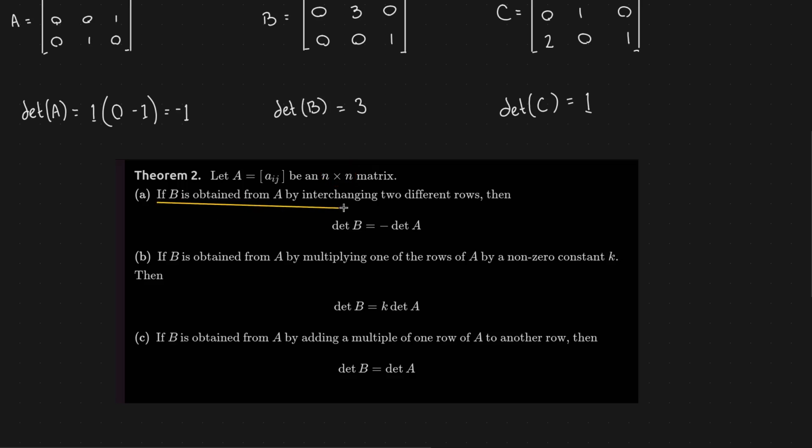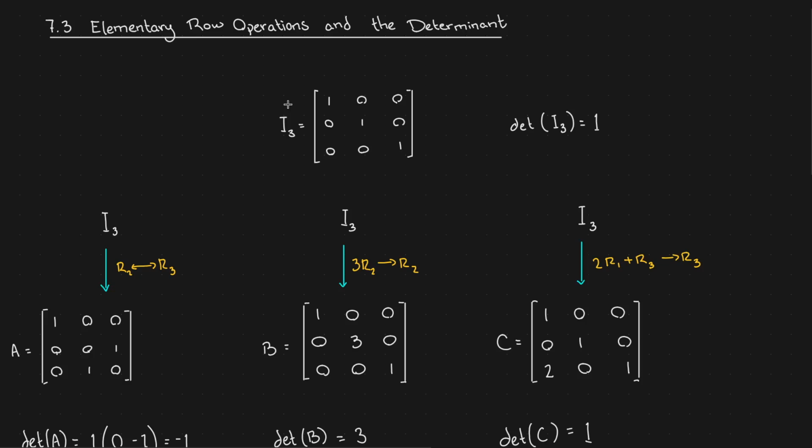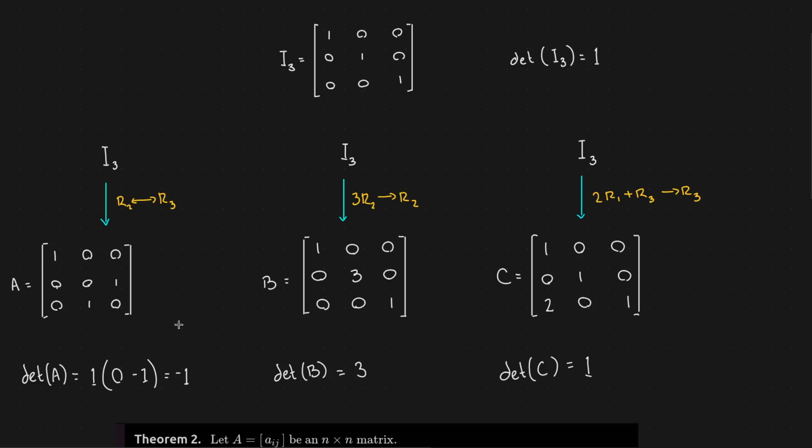If B is obtained from A by interchanging two different rows, so if I take one row and swap it with another row, then the determinant of the resulting matrix swaps signs from the determinant of the original matrix. Okay, just swap signs, and that's what we saw here. The determinant of our original matrix is 1. When we swap two rows, the determinant of the altered matrix swapped signs.